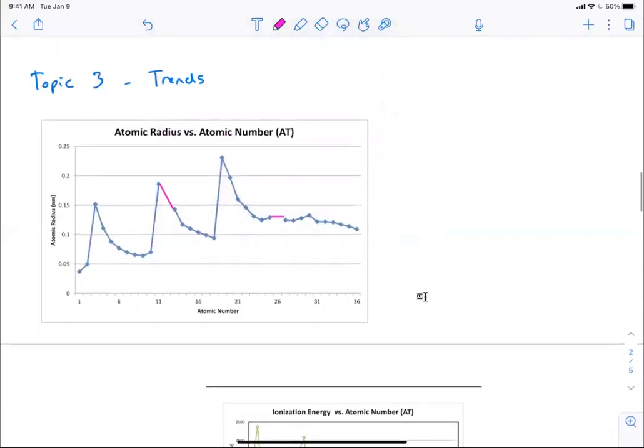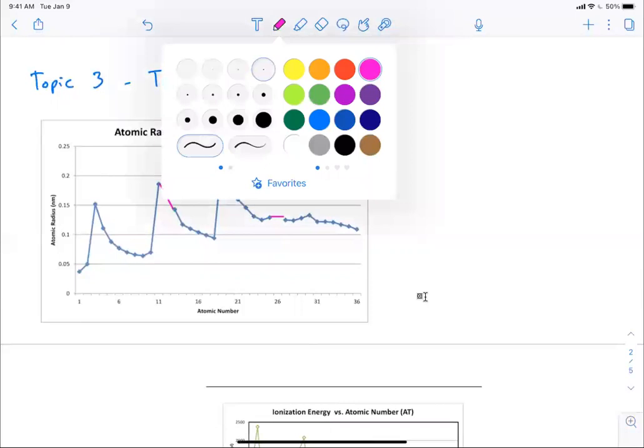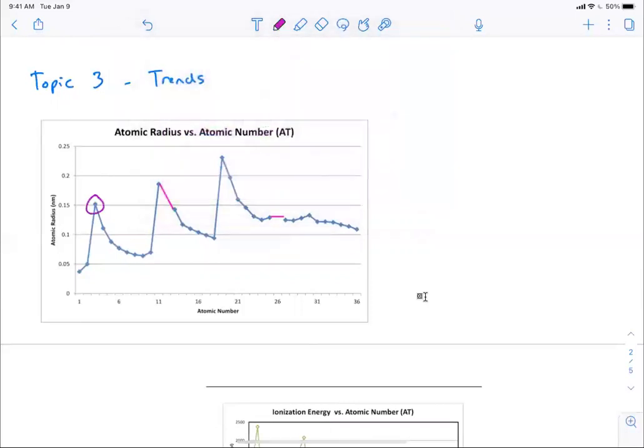With atomic radius, we know it decreases as we go across the table, and it's pretty consistent as we go across the table. And the highest atomic radius will be the beginning of each energy level. And so this is like lithium, and this is like sodium, and this is like potassium. Okay.